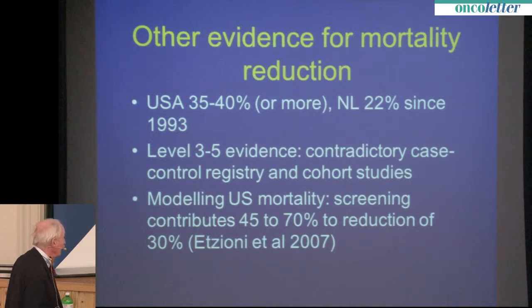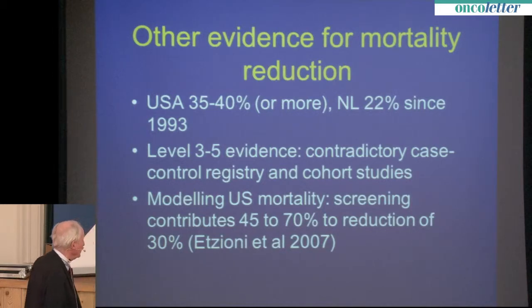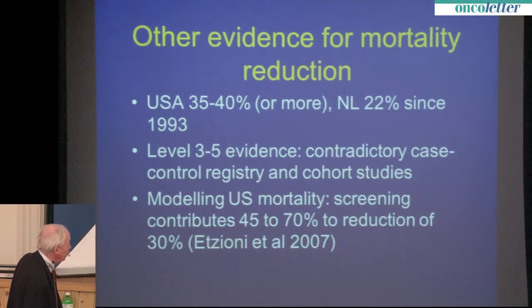We don't have to use those anymore. And let me just briefly talk about the US mortality reduction and the paper by Etzioni, in cooperation between the Seattle group and another group in the US.